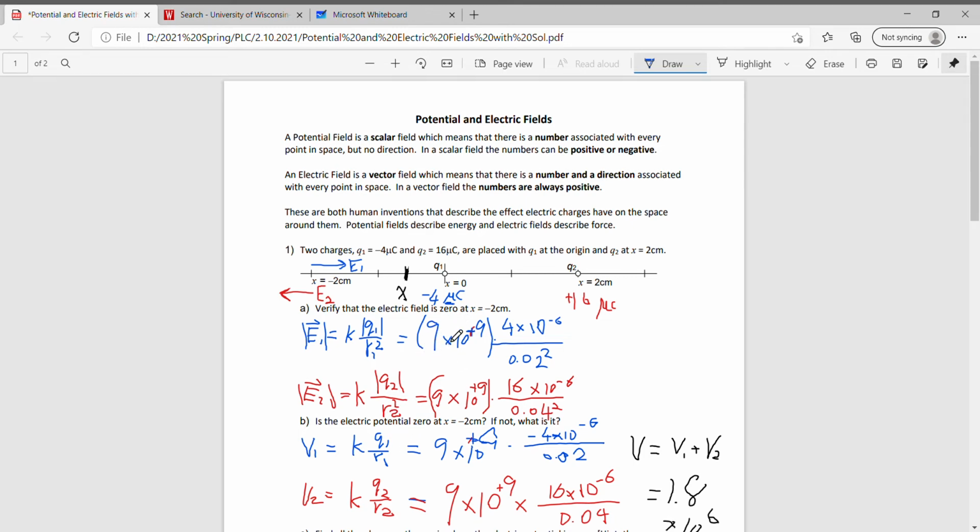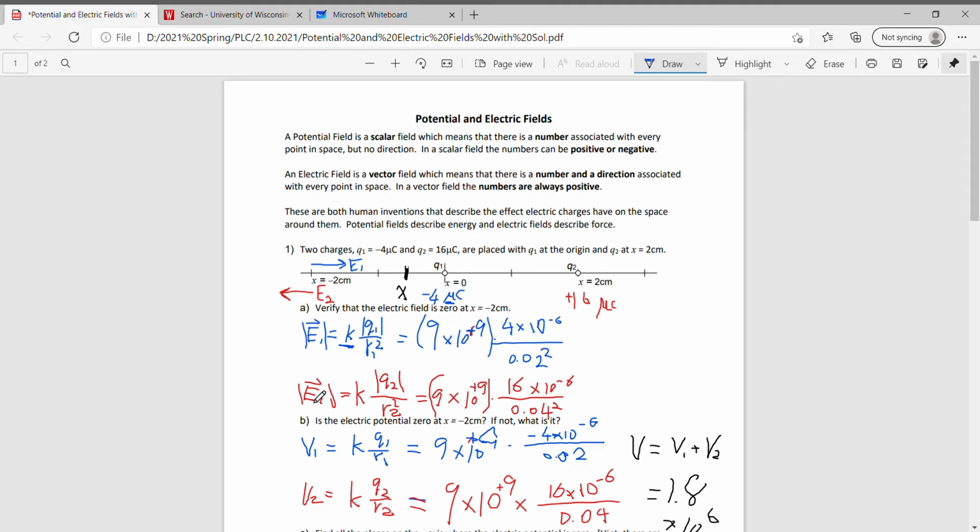This 9 times 10 to the 9th is the constant K. For Q1 we take the absolute value, so it becomes 4 times 10 to the negative 6 because it's a microcoulomb, over 0.02 squared, because this distance is 2 centimeters, which is 0.02 meter.